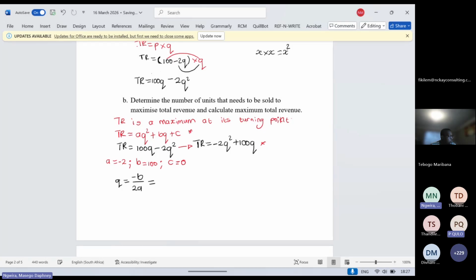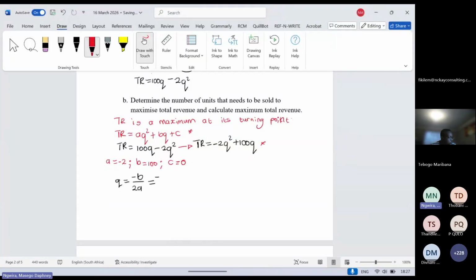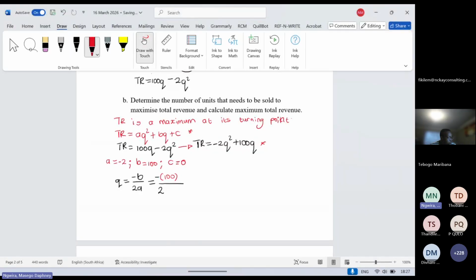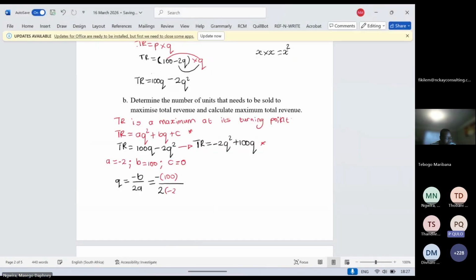We're going to replace with our B, so this will be negative, and then our B, we'll put brackets, is 100, over 2, and then I'm going to replace A. My A is negative 2. And then you use your calculator. What is the answer? 25. So this will be 25 units at its maximum. So we answered the first part.